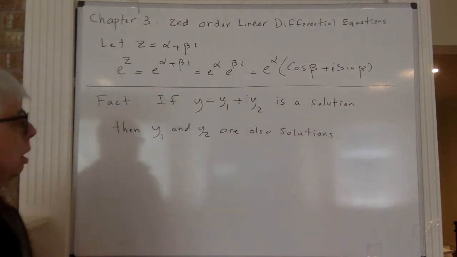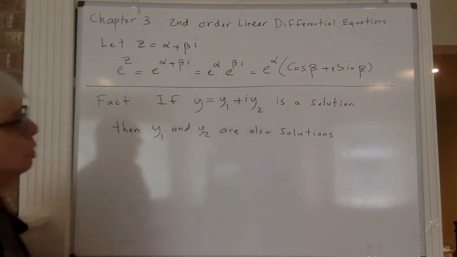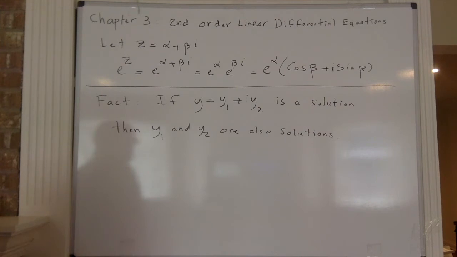So if I have a complex function like this, that's y as a function of t, that has two parts, and it is a solution, then each one of them is a solution separately.